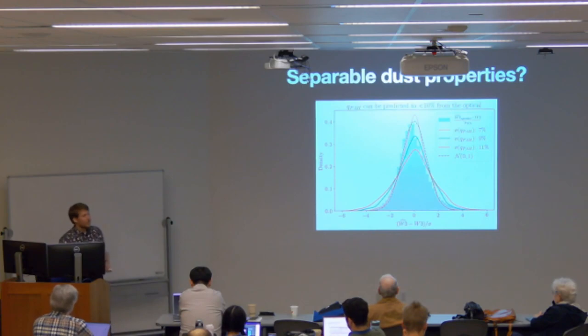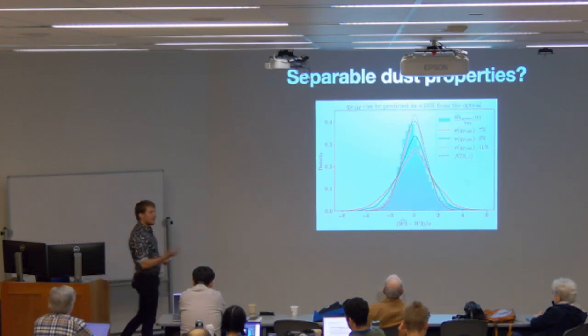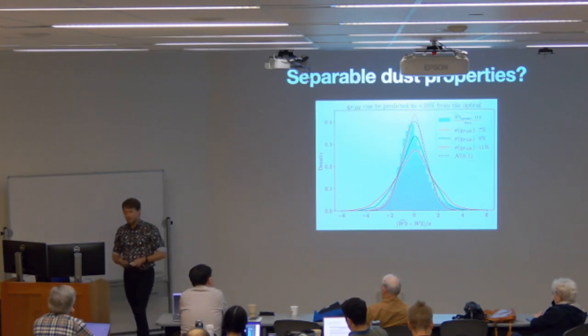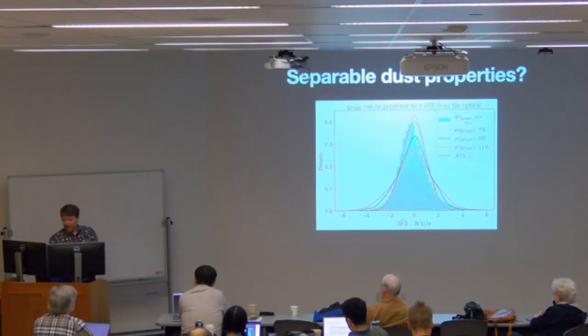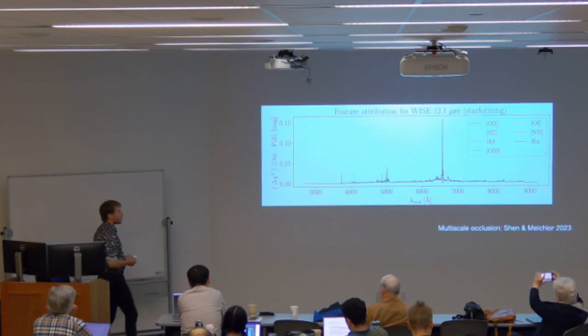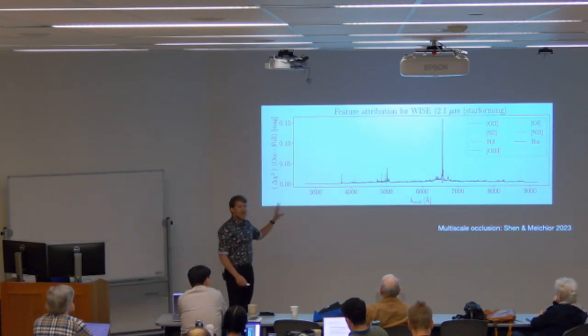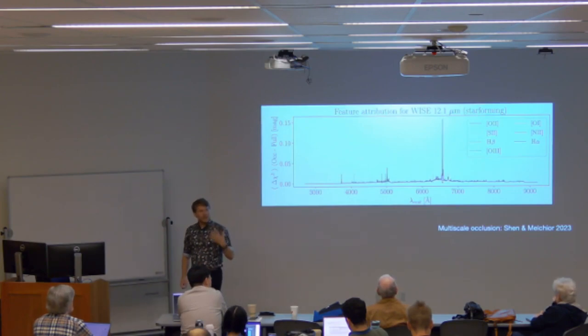And when we split this up by galaxy type, so star forming versus quiescent, and for each separate band, we get some maps that actually are very, very nicely interpretable. The best one, I'm just going to show quickly here, is for the W3 band. So this is for the quintessential PAH band for star forming galaxies, where we try to use this multi-scale occlusion to see what was most important in order for us to get this right.